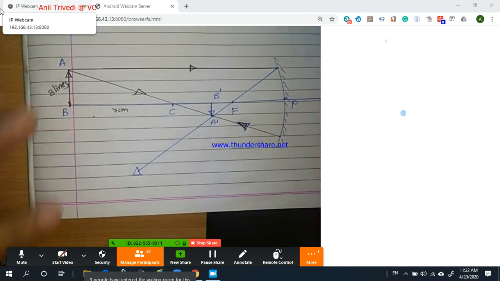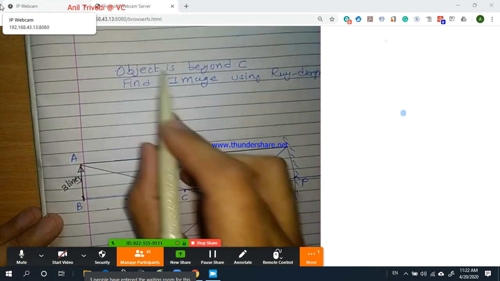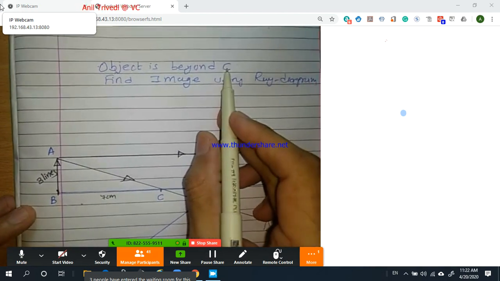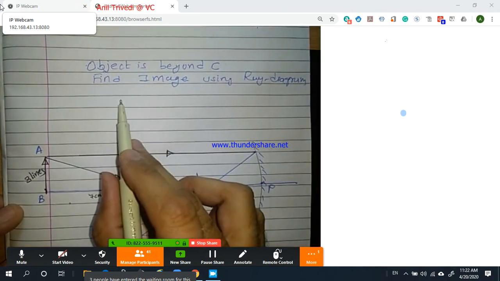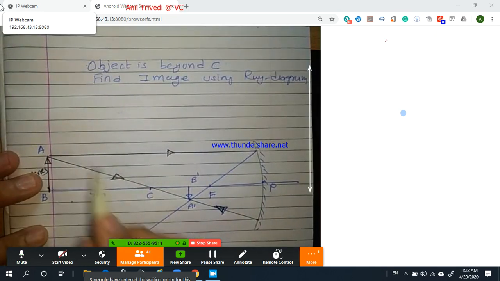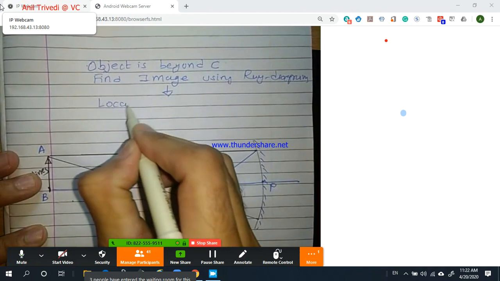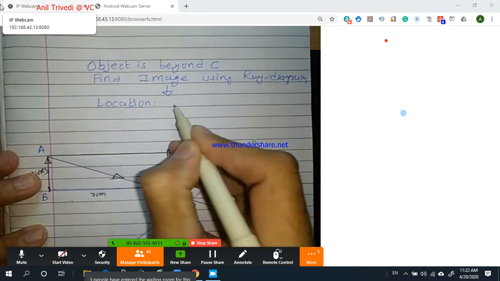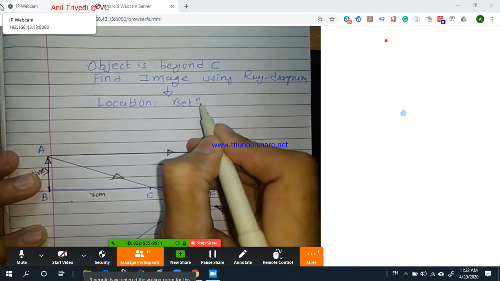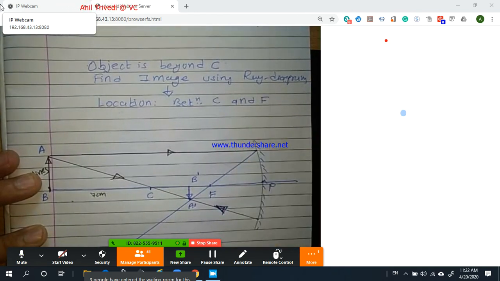Okay. So the question was object is beyond C, right? Find the image. So we have found that this is the image. Where is it? Shall I write its location or position: between C and F. Okay.